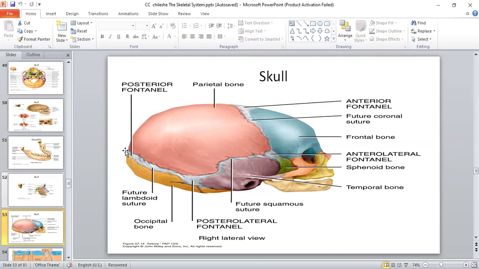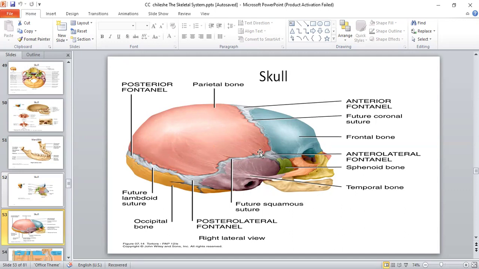Between the two parietal bones and the occipital bone, we have another dilated portion of the suture on the back. That place is known as the lambda, which is the posterior fontanel.